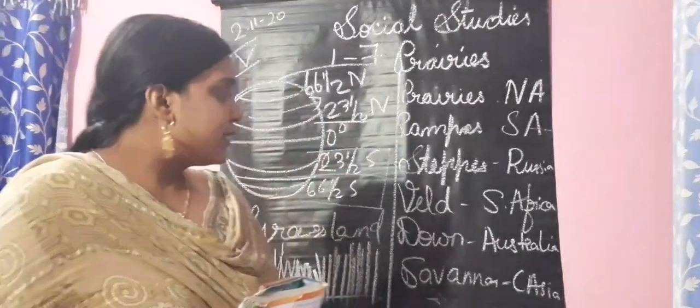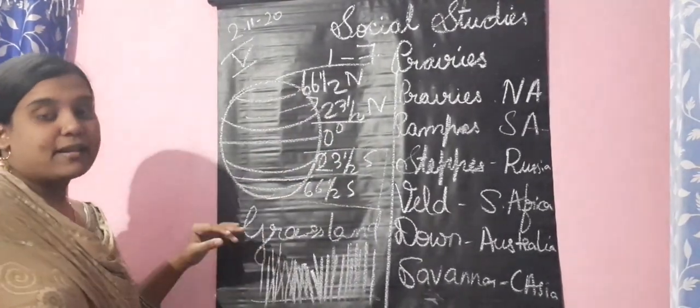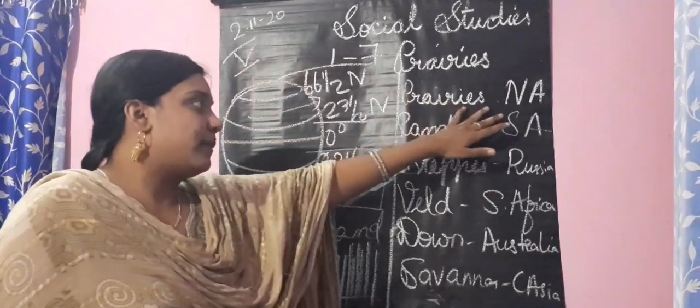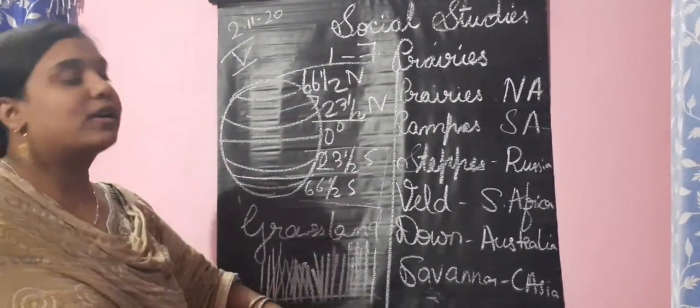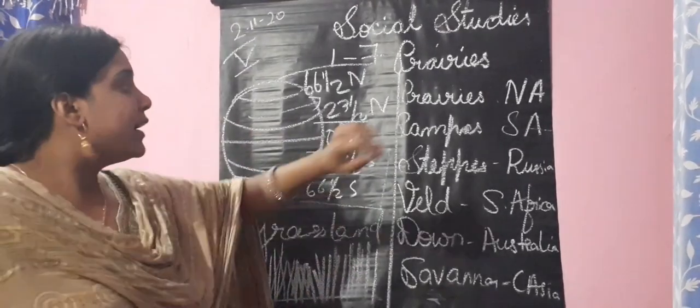Okay, these grasslands are there. They are called prairies in North America. But in other countries, what names have been given to these grasslands? Let's see.